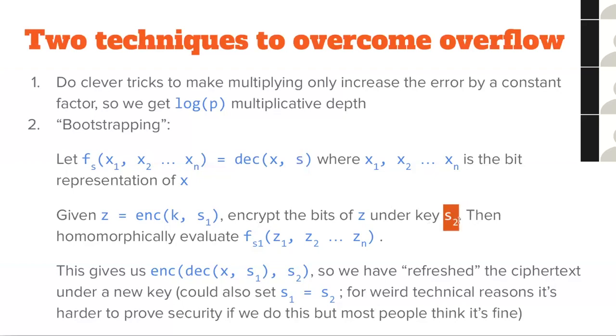And so the only thing they can do is evaluate the decryption circuit in a way that gives them just outputs that are encrypted under the key S2. They have no way of extracting outputs in the clear.